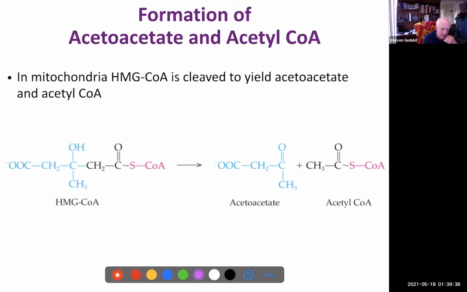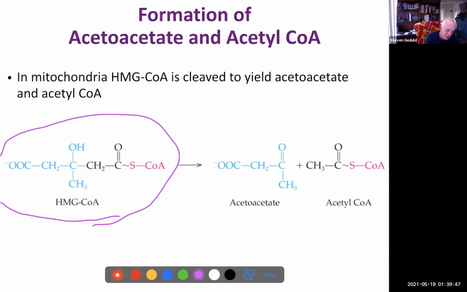In mitochondria, HMG coenzyme A is cleaved to yield acetoacetate and acetyl coenzyme A. So this goes into the reverse cycle back in the mitochondria, where it cleaves it and reforms acetoacetate and acetyl coenzyme A. Acetoacetate is a ketone body.